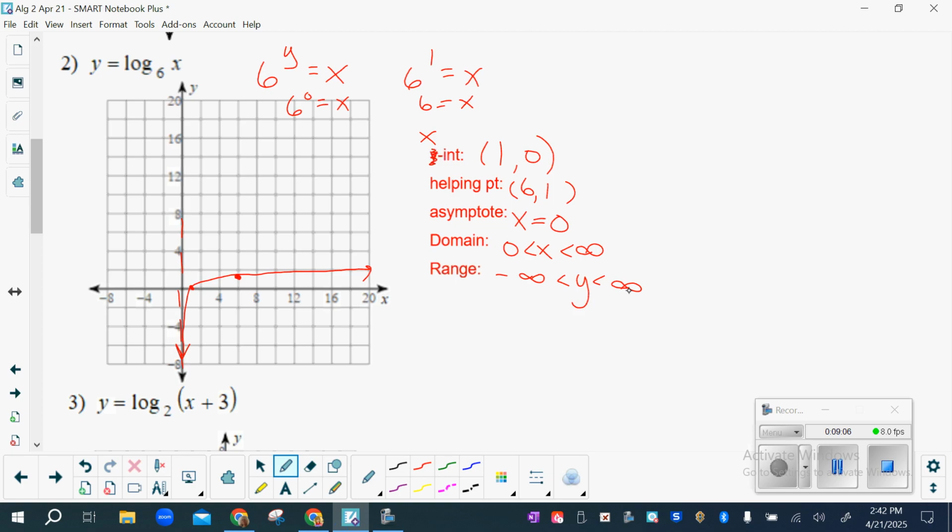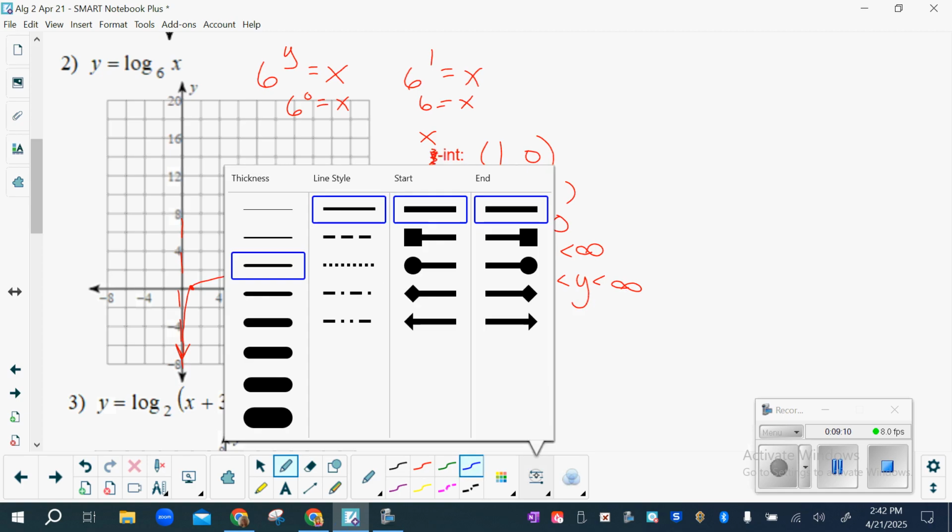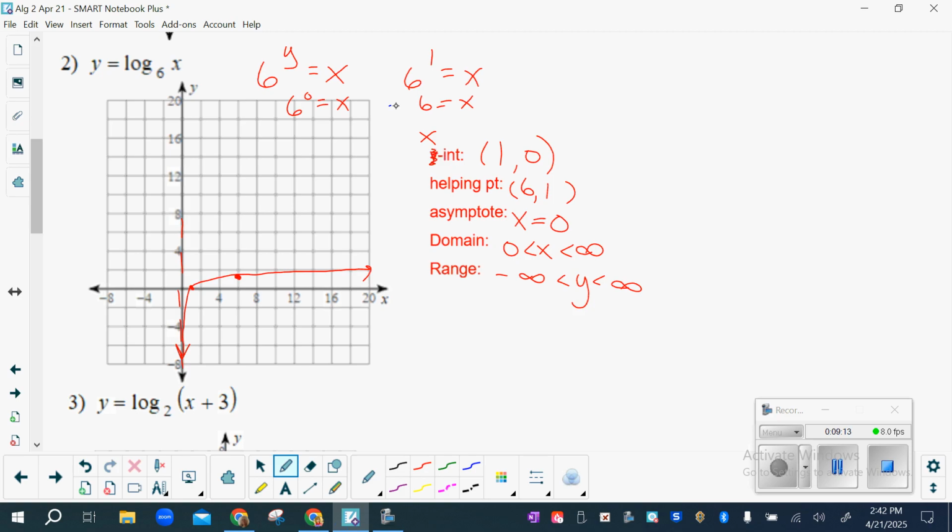So let me draw a graph for you, I'm going to do it in blue, of y equals 6 to the x. So here's your graph of y equals 6 to the x.